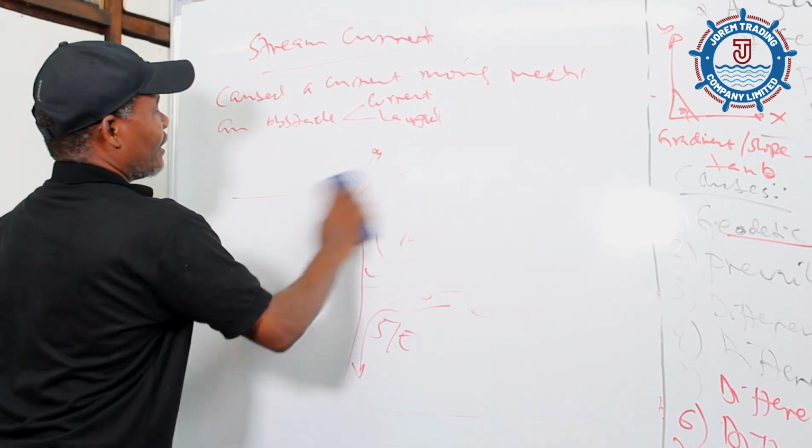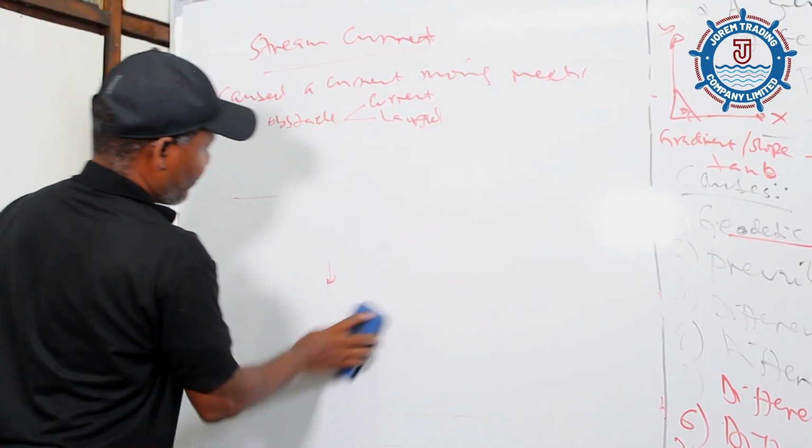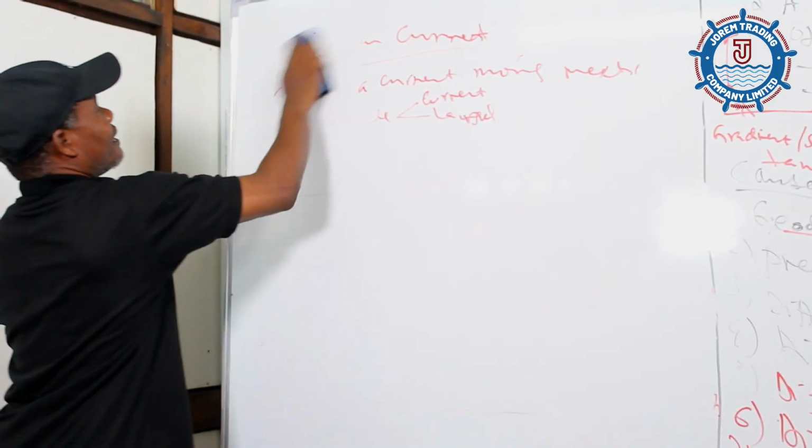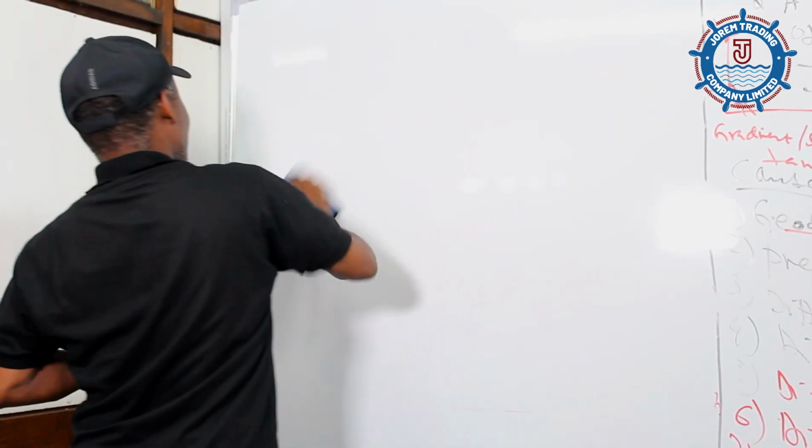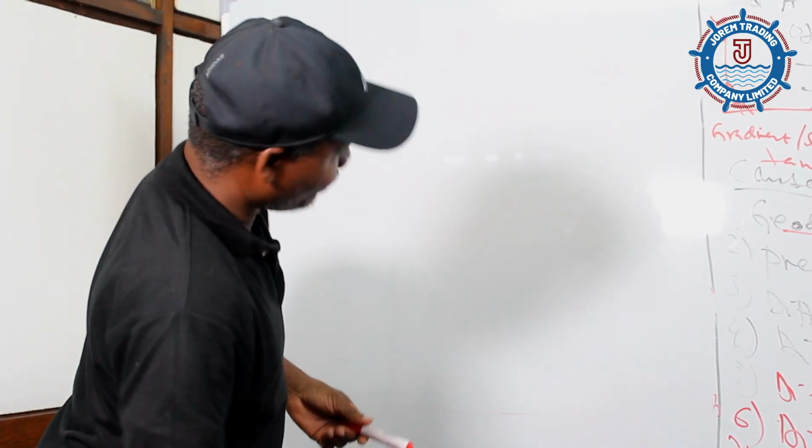let's see how the general circulation is at a quick glance, so as to cement what we are discussing, to have an image of what we are discussing.